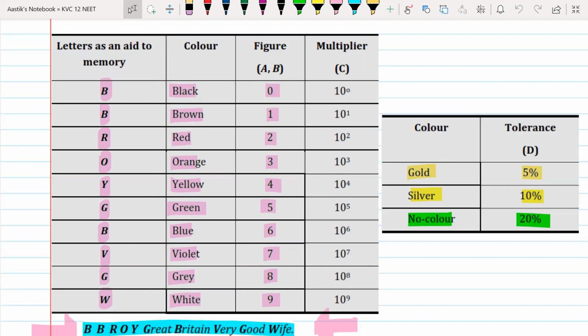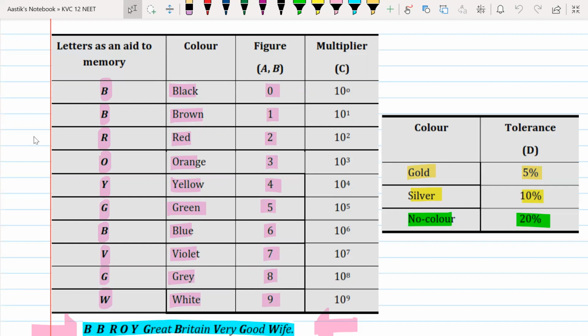So let me give you a question based on this color code, and I hope you would be able to give me the answer. This is a very simple question. You have to give me the color code.